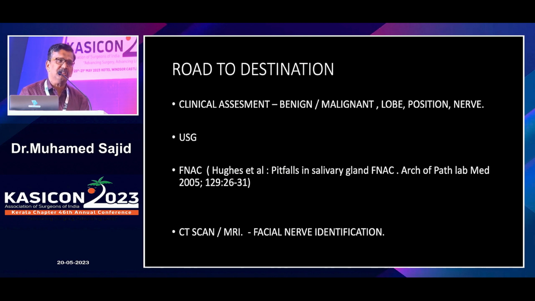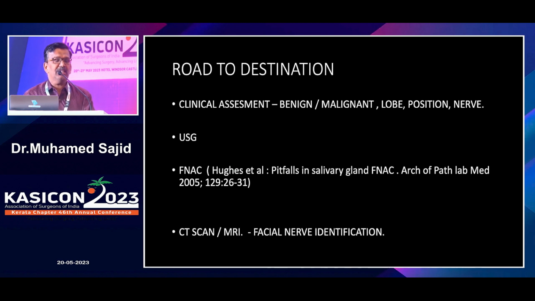Plenty of discussions related to ultrasound, FNACs with the newer guidelines coming in, with also understanding that FNAC has its own pitfalls many a time. We do see lesions that are described as benign later turning out to be malignant lesions.